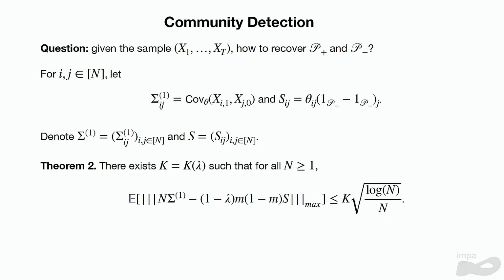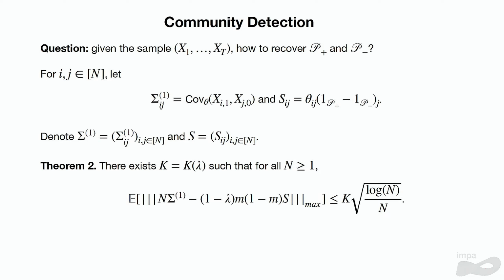And this norm here is just the maximum distance between all the entries of the matrices. Okay, so we can show that. And once we arrive here, if I look at this matrix S_ij, if I fix column j and sum over i, the sign, so if I take j in p plus, this is going to be theta_ij.